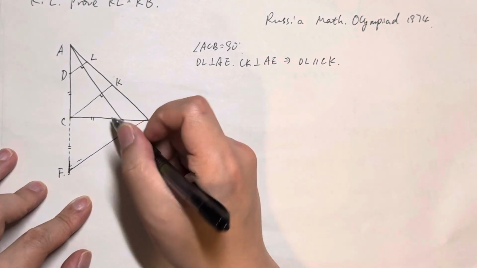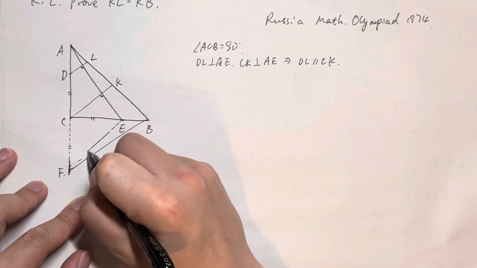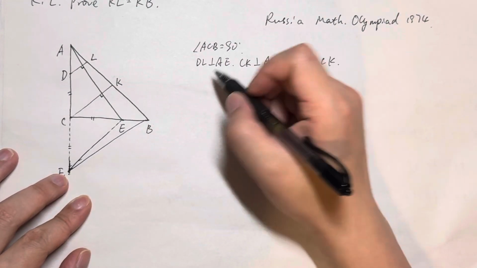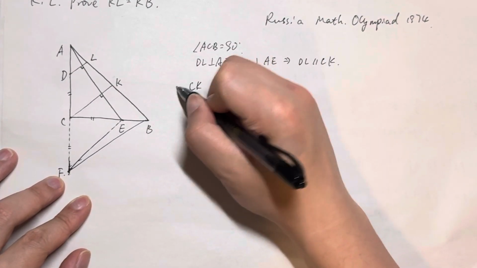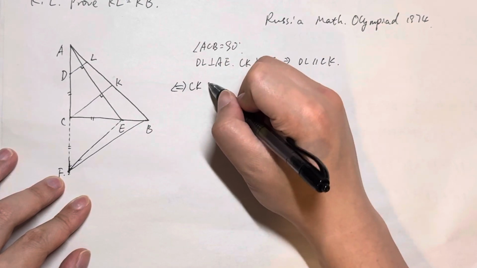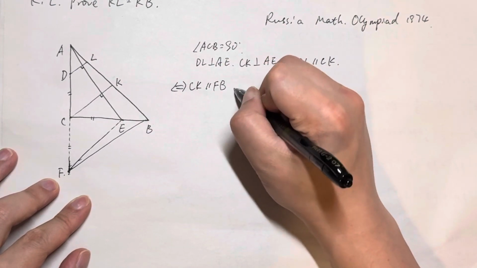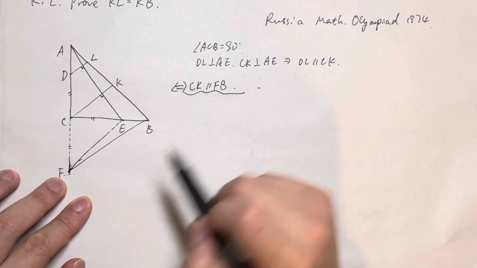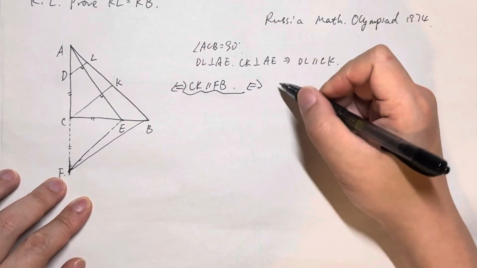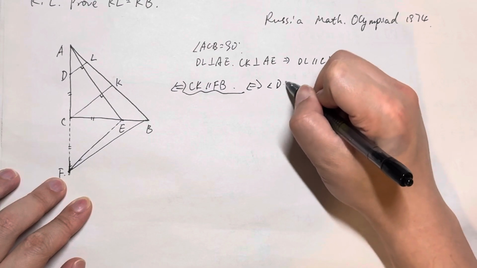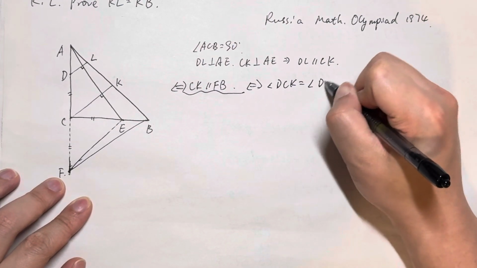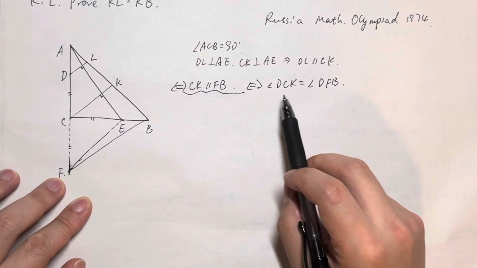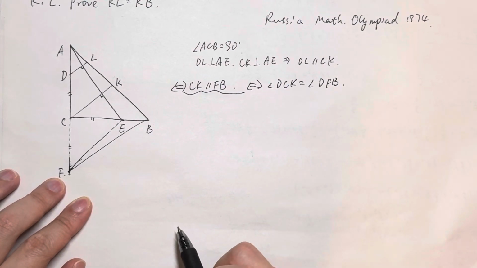So if we connect them, okay, we want to prove that CK is parallel with FB, right? That's the thing we want to prove. Which means we want to prove angle DCK equals angle DFB, right?